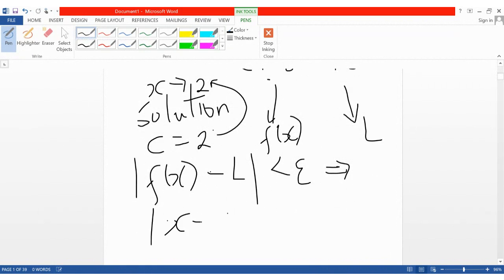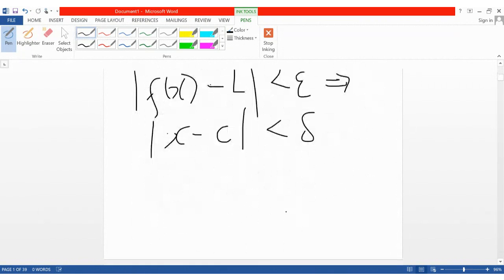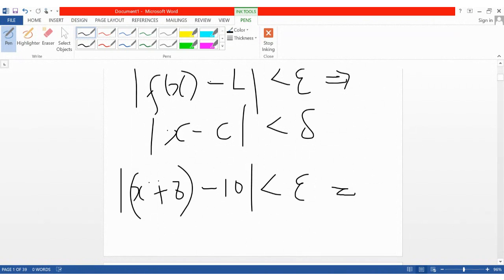Remember my f of x is x plus 8. So I'll have x plus 8 minus 10 is less than epsilon. This implies that x minus c is less than delta.